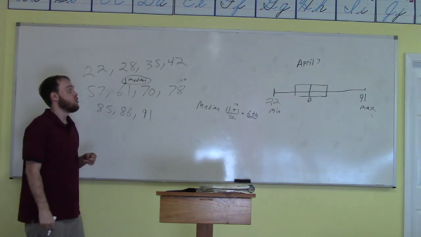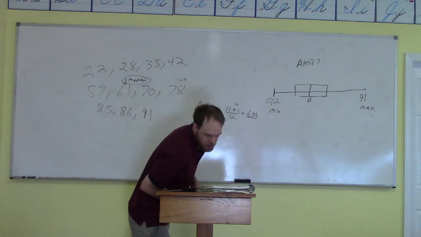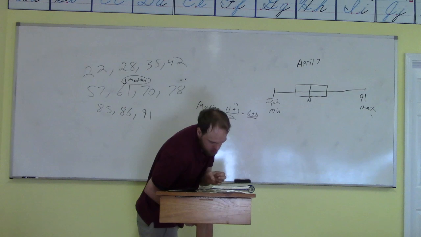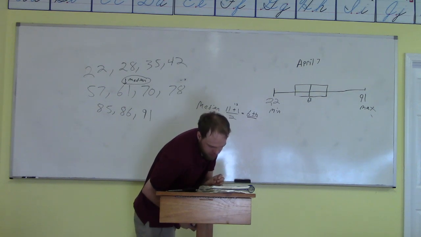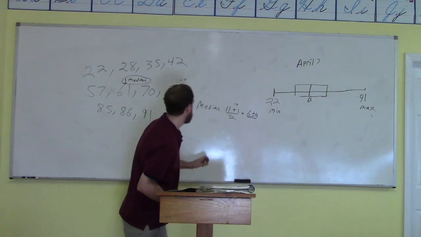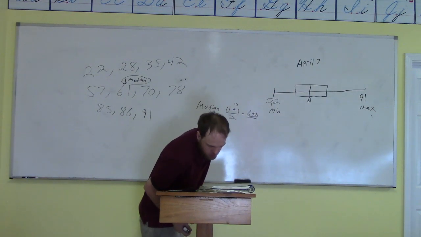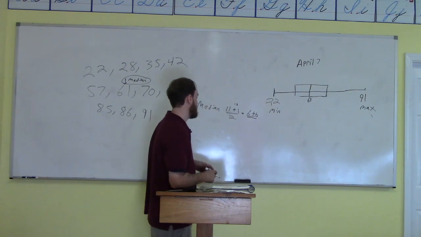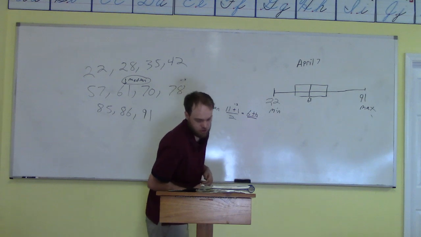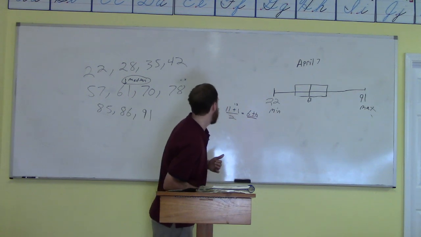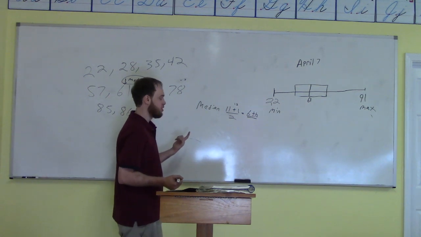Okay? So to find the first quartile, if you just want to follow along on page 371 of the book, for the first quartile, basically you take whatever you got here, then you're going to add 1 and divide by 2. In other words, really just divide by 2 for this one.